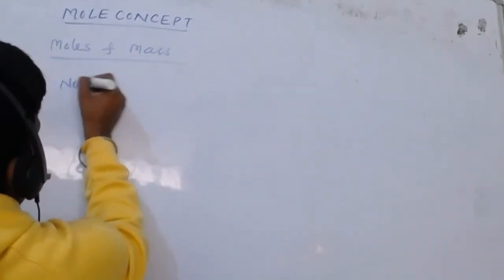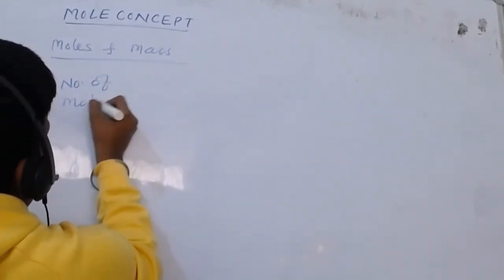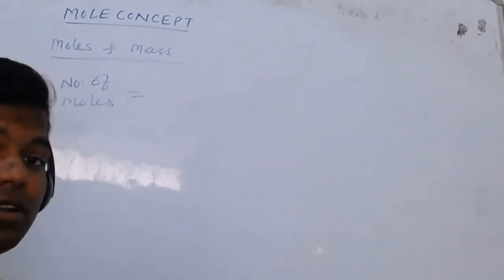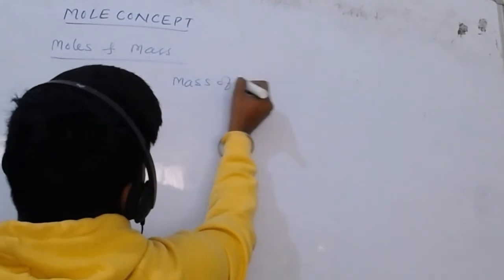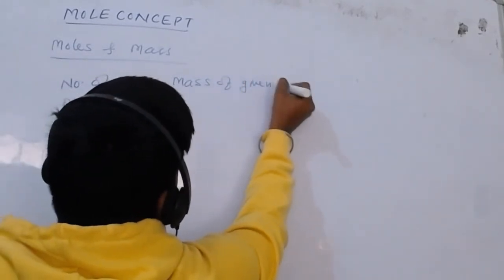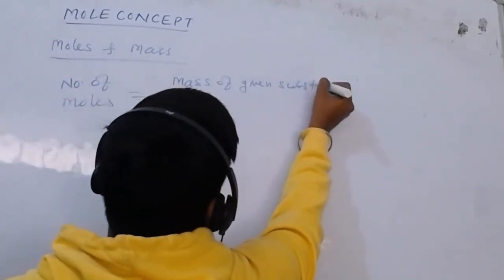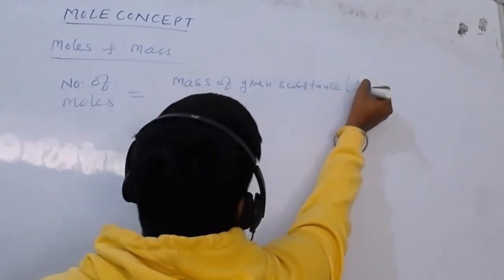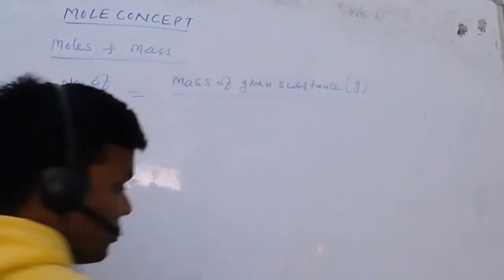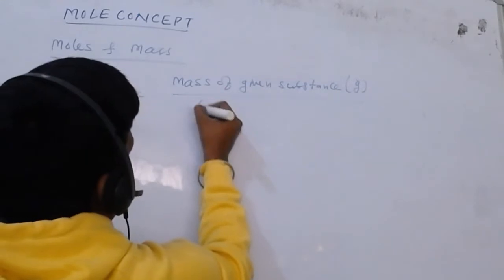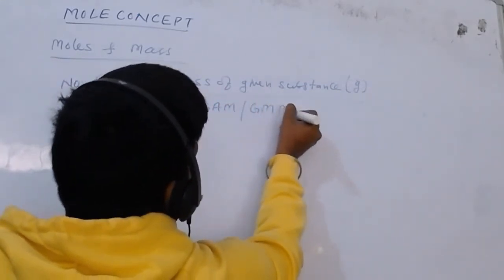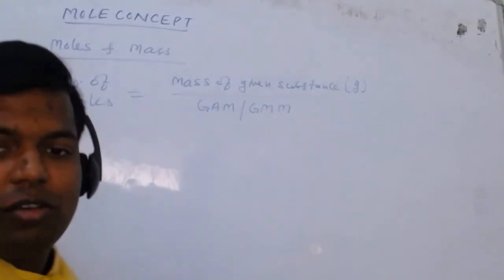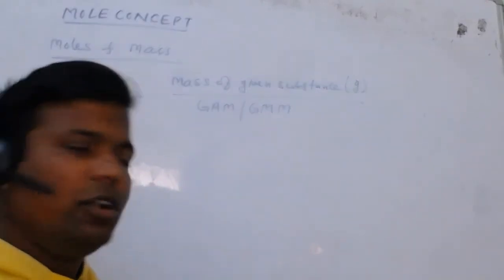So number of moles is equal to the mass of the given substance, in grams, divided by the mass of that substance in 1 mole. It is the gram atomic mass or gram molecular mass. GAM is gram atomic mass and GMM is gram molecular mass. This is the first relation.